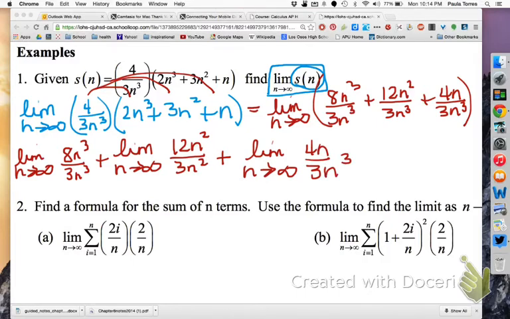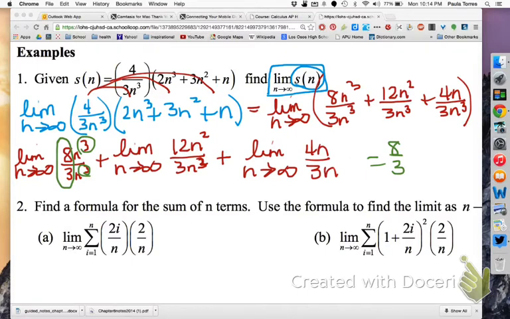So when I go back and look at the first term, those degrees are the same, so the answer is going to be the leading coefficient over leading coefficient. And on the next one, oopsies, that's supposed to be a cubed down there. I don't know how this cubed over here got so darn big.